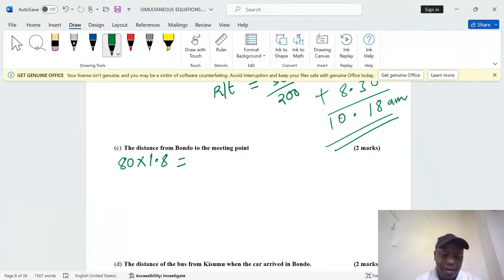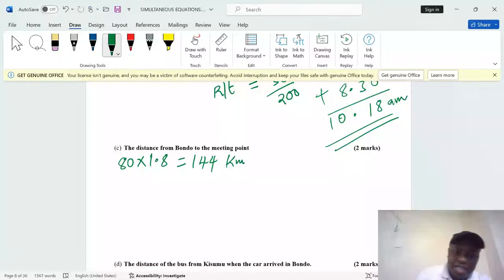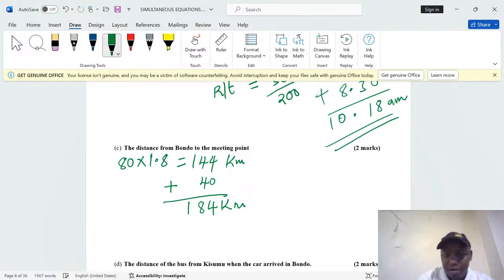Therefore, we will need 1.8 multiplied by 80, and this is 144. So 144 kilometers is the distance covered by the bus for them to meet. But remember, from Bondo, the bus had already covered 40 earlier. So this would be 184 kilometers from Bondo to the meeting point.